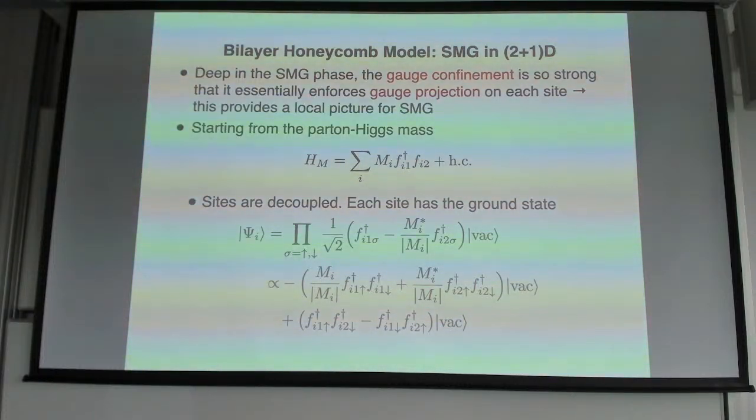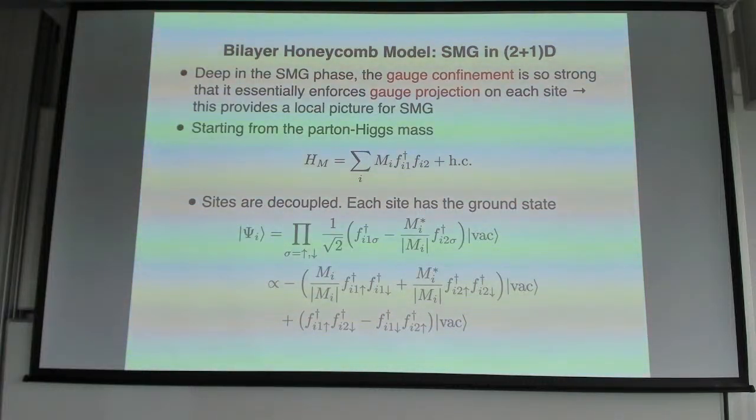And then I also want to tell you a story that deep in the SMG phase, you can also make sense of this gauge confinement. If you are in the SMG phase very deeply, then your fermionic parton has a very strong parton Higgs mass, which basically means that the fermion parton is hopping between the 2 layers.